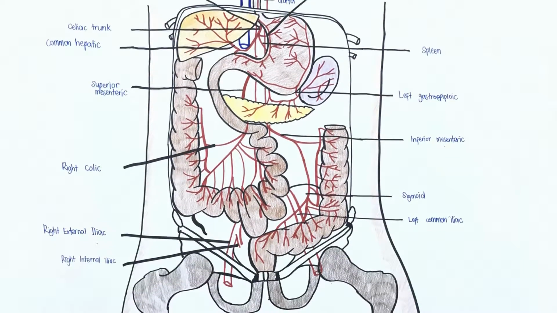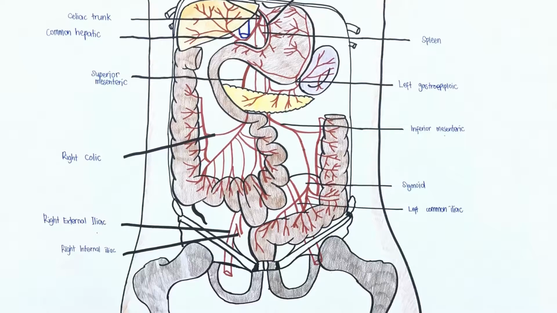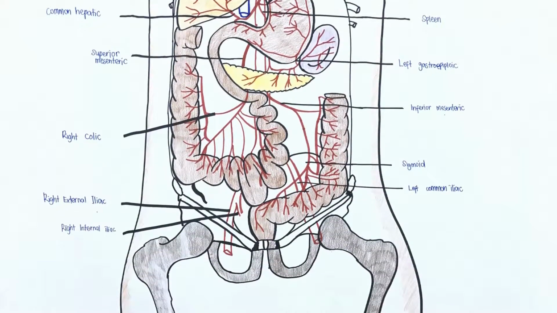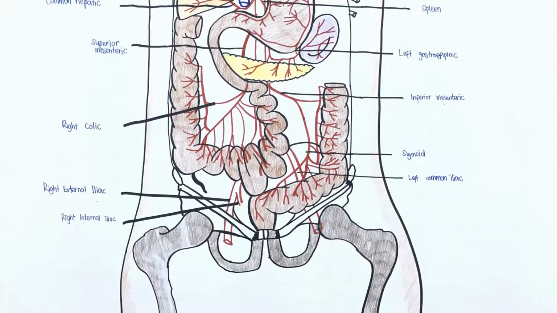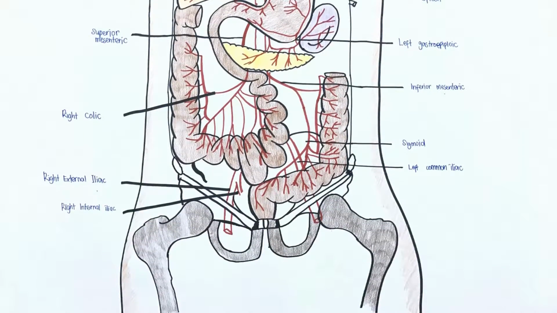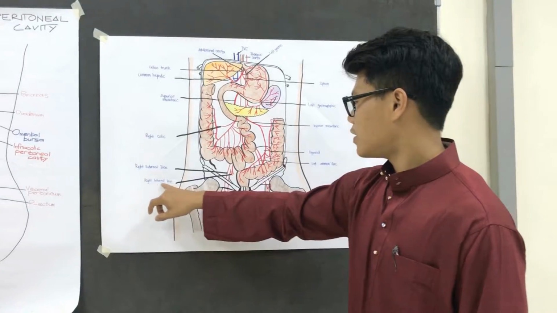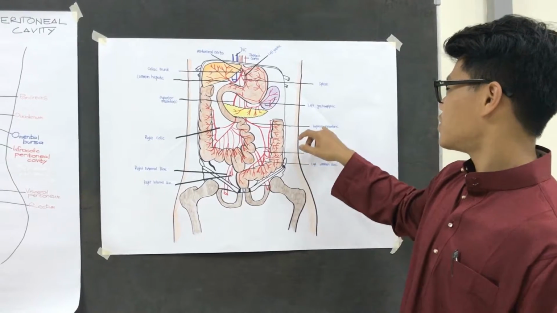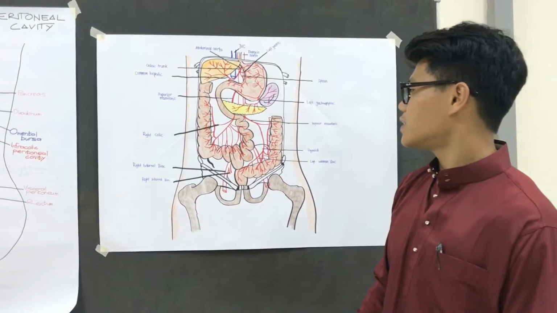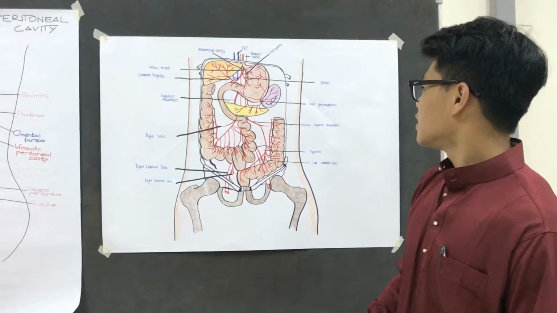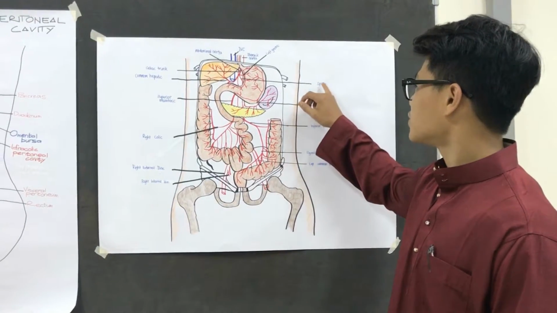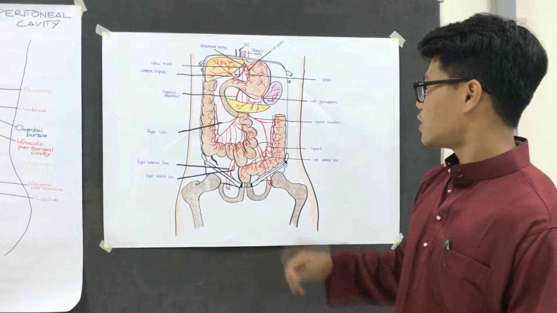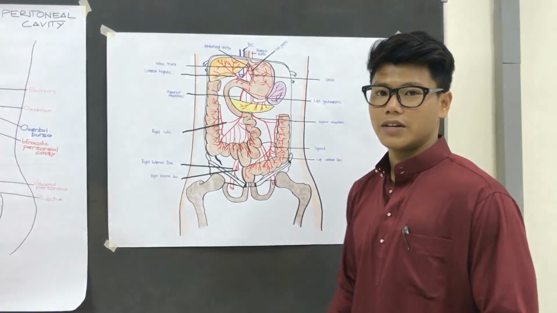The pancreas is supplied by the superior mesenteric artery, right colic, right external iliac, which supply the ileum, and then right internal iliac, and then there is also left common iliac, sigmoid, and also inferior mesenteric, which all supply the large intestines. And then there is also the splenic artery, which will supply the spleen.